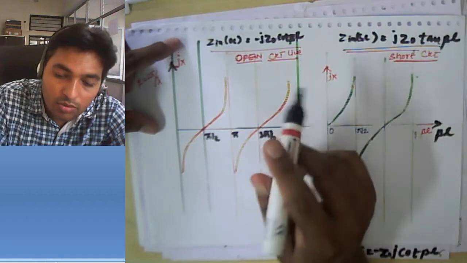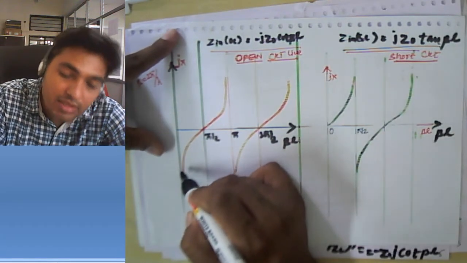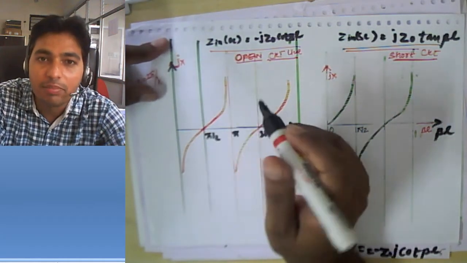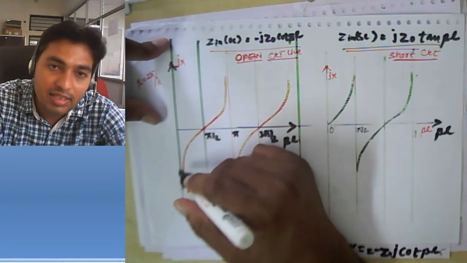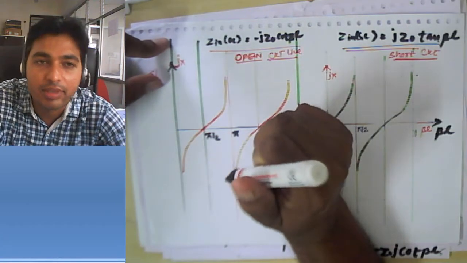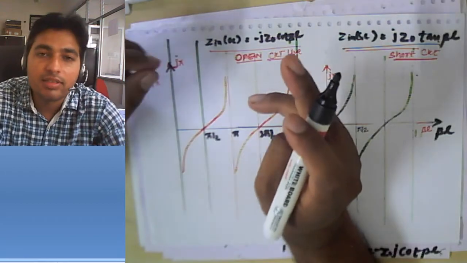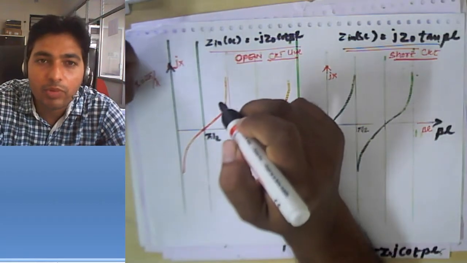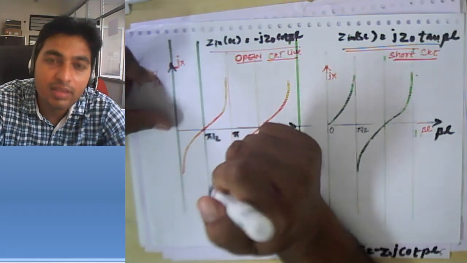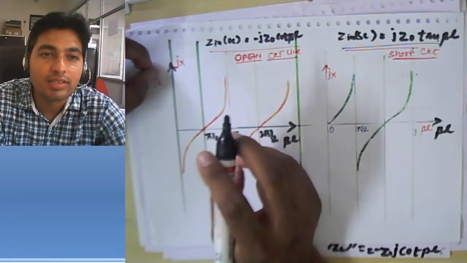For cot βL, the impedance curve is like this, and this is an imaginary impedance. You can see that it starts from minus infinity and goes up to plus infinity. So the important observation is that we can have any possible imaginary impedance, whose value can be from minus infinity to plus infinity.